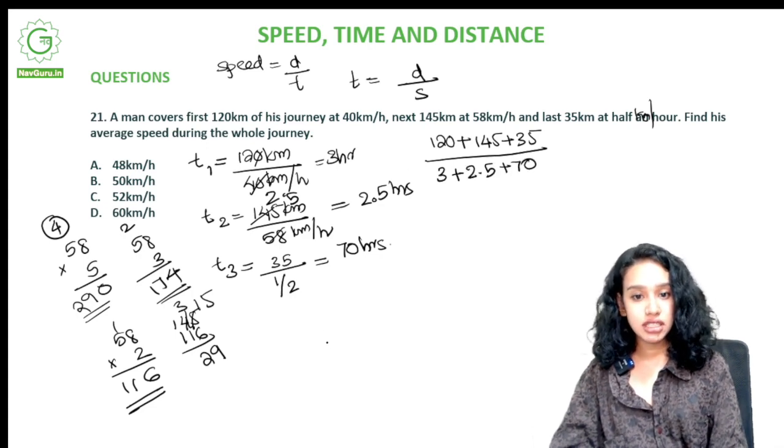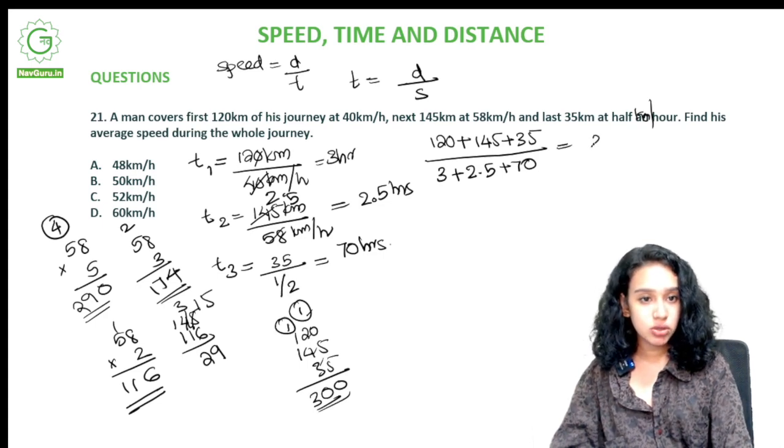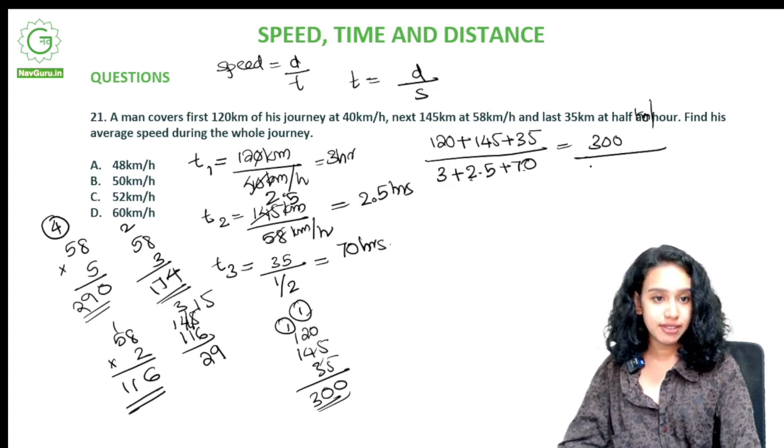So let's calculate this, which is 120 plus 145 plus 35. We get 10 here. So 3 plus 3 is 6 plus 4 is 10. Again, we get 3. So this is equal to 300 divided by, we have 73, 75.5, right?